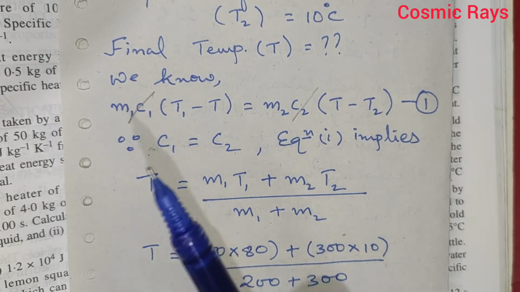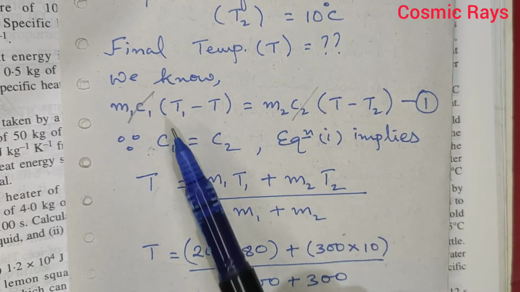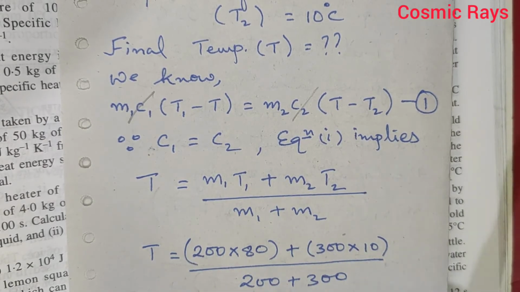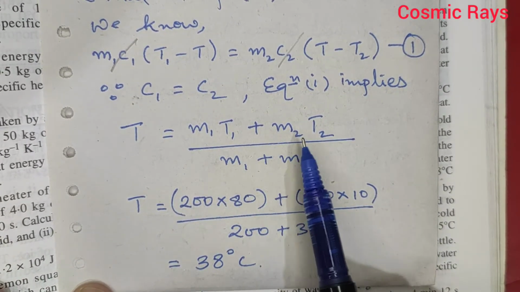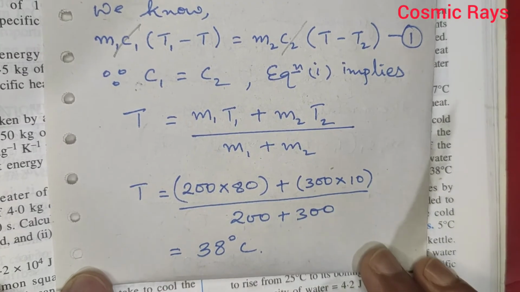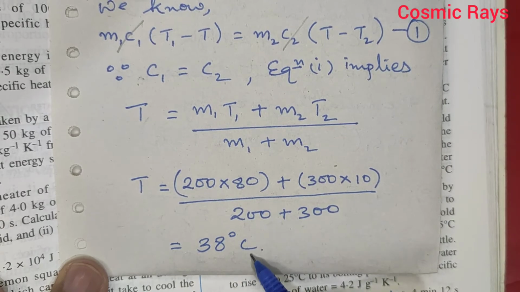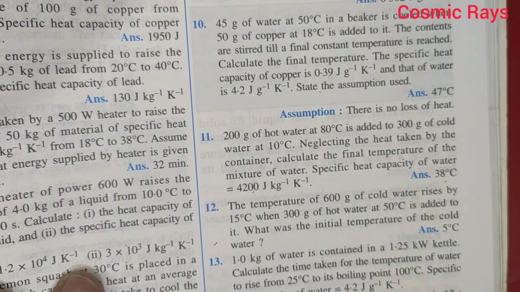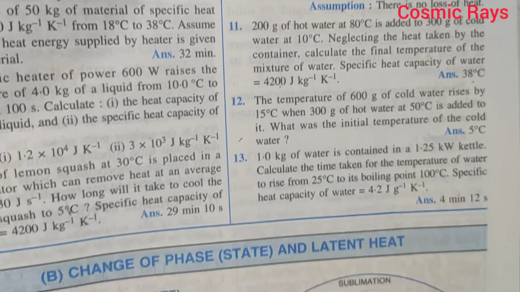When you simplify this equation to find out the value of T, we write this equation in terms of T. T is equal to (M1 T1 plus M2 T2) divided by (M1 plus M2). So after putting the values, the answer comes out to be 38 degrees Celsius, which is the answer. So after this, let's try to solve number 12.